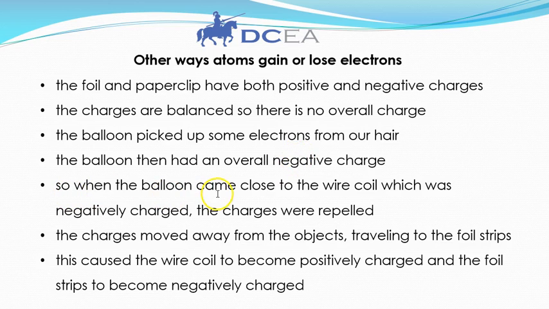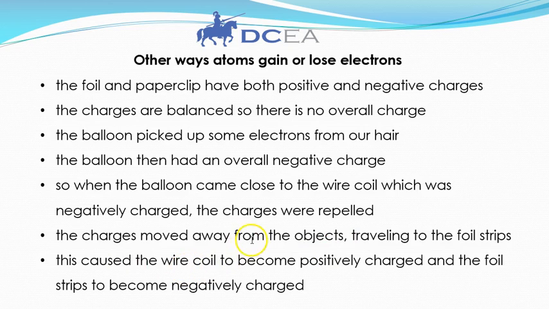So when the balloon came close to the wire coil, the charges were repelled. The wire coil was actually balanced before the balloon came to it, and then we had two negative charges, one from the balloon, one from the coil. The charges were repelled.